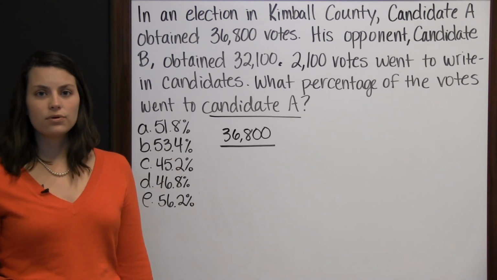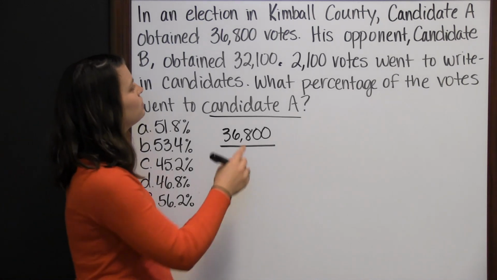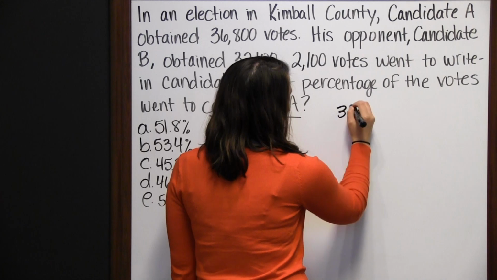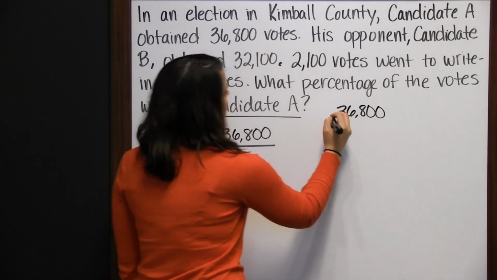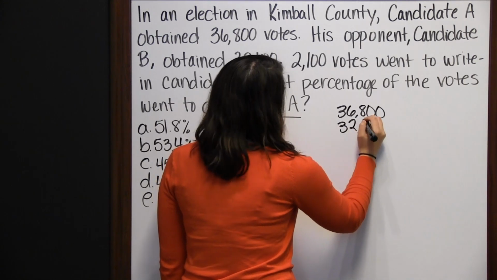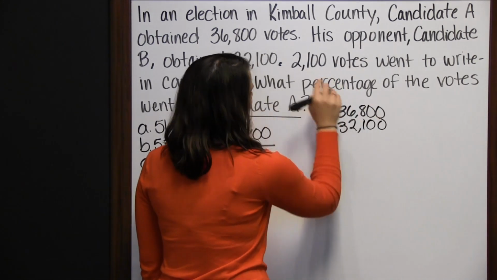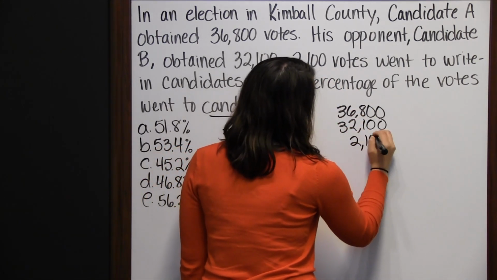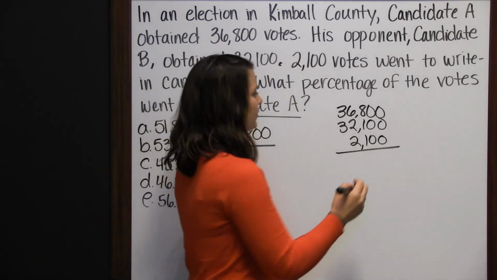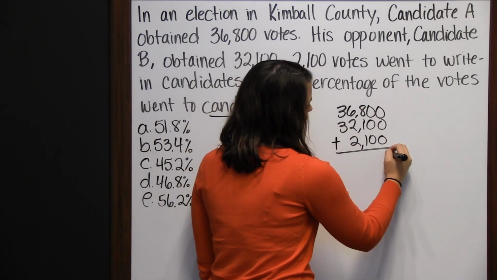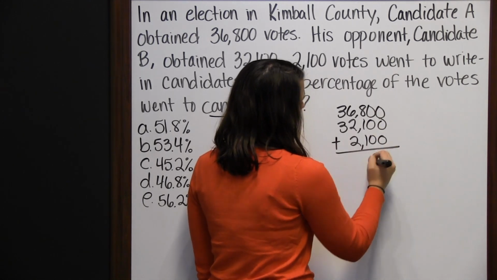To find the total number of votes, we need to add up 36,800, 32,100, and 2,100, so that we can find the total. So we're adding, those are 0, and again we get 0.